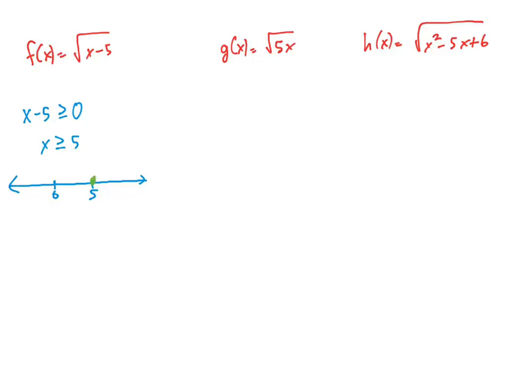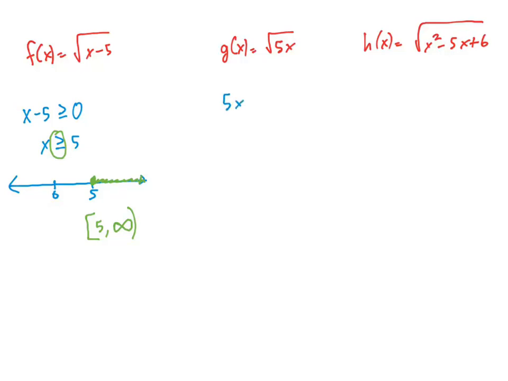So it could be equal to 5, and then it is anything greater than 5. If I was going to write this in interval notation, we would start at 5, and we're going to go all the way to the right to positive infinity. So we include 5 here because x could actually equal 5. That's what this inequality symbol is telling us.